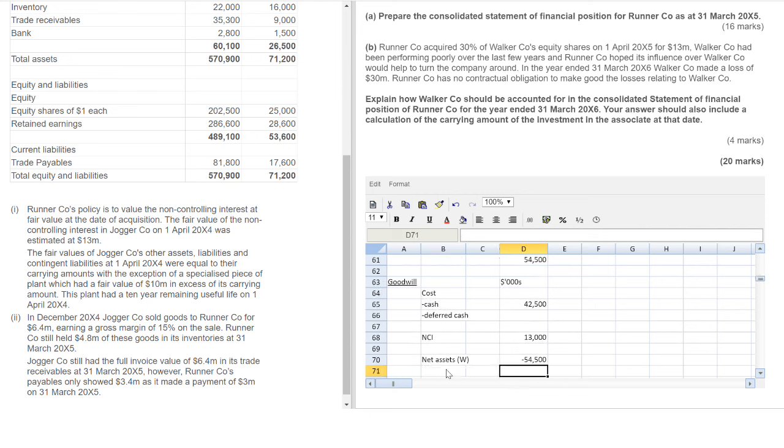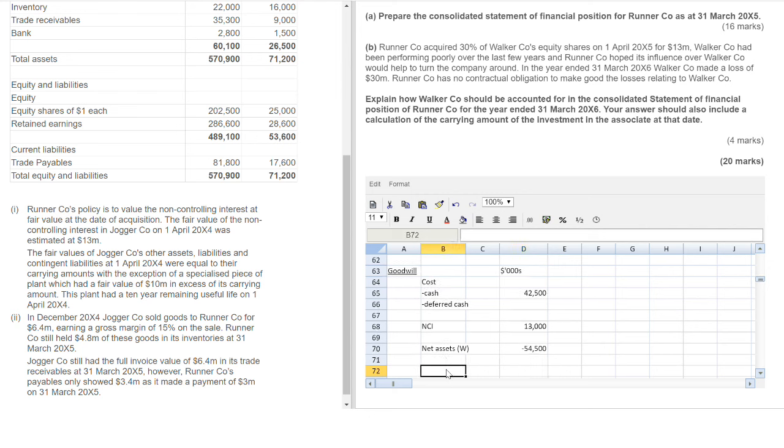I can then put my 5,500 into my goodwill calculation. There's no mention of any impairment. So what I would be able to do shortly is, once I've got my deferred cash figure for goodwill, I could then work out my goodwill and we would then have it all done.